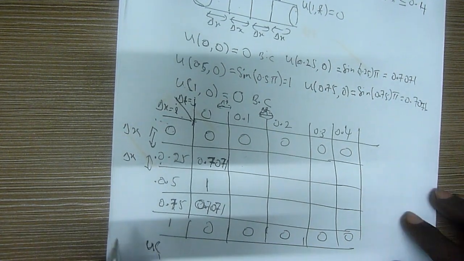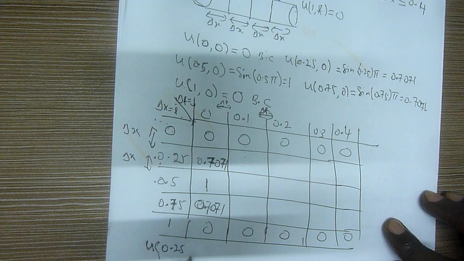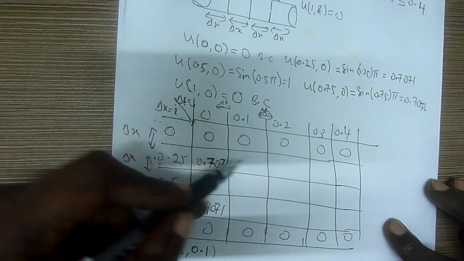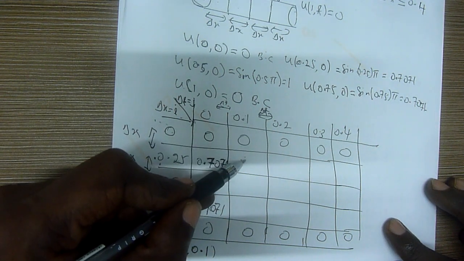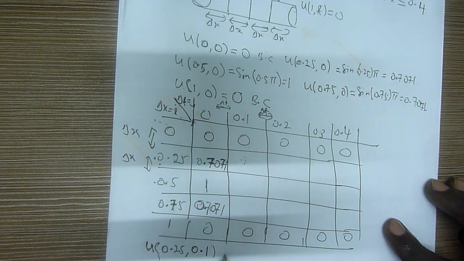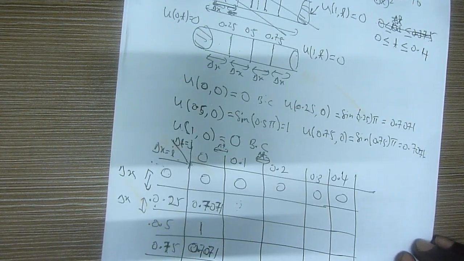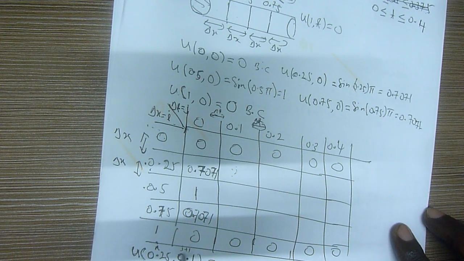Let's say I'm writing this: I is 2.5, right? And here 0. I'm interested in this 0.25, 0.1 here. What I'm referring to here, I j plus 1, means j plus 1.